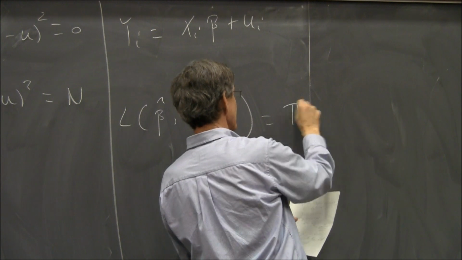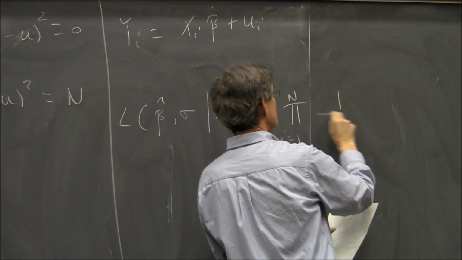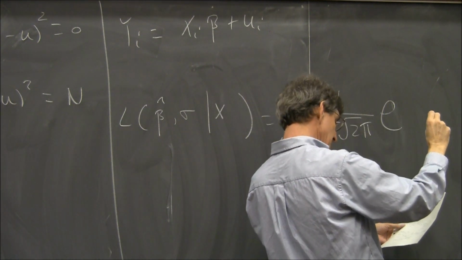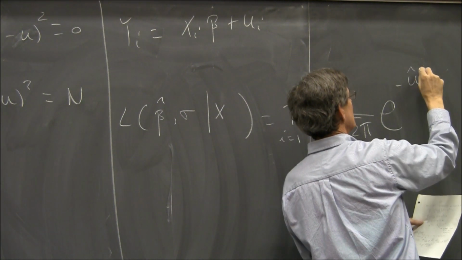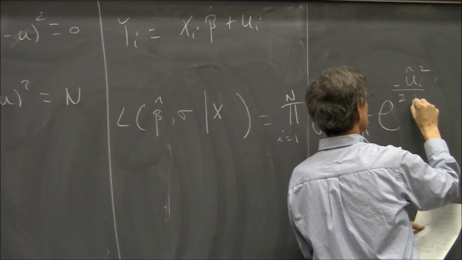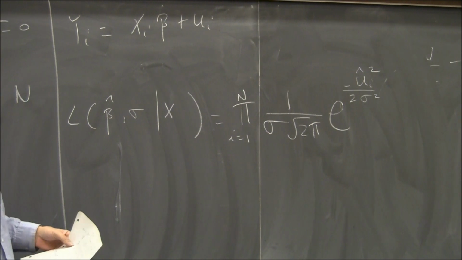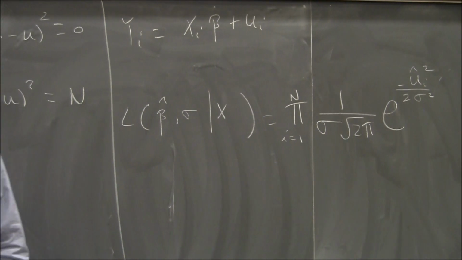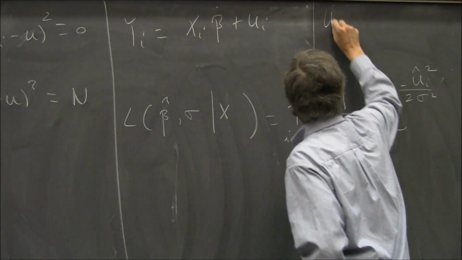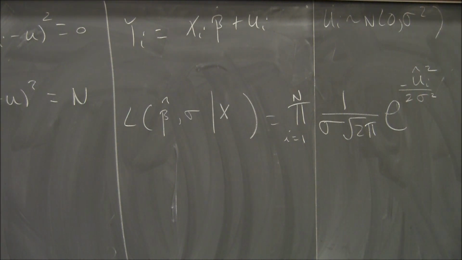turns out to be the product from i equals 1 to n. I'm assuming the errors are normal. So we're assuming that ui is normal 0 sigma squared.